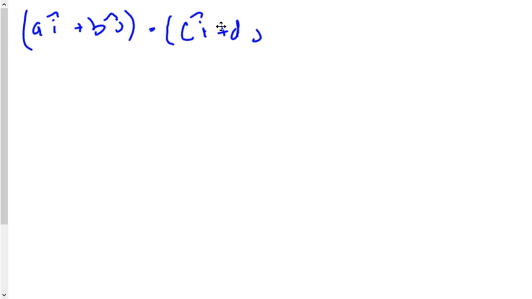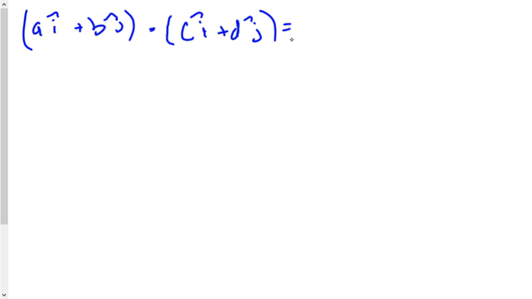Now, if we have two vectors that we wish to dot product, we need to remember how to do that. So if I have A times our unit vector i plus B times j, now A and B are just constants multiplied in front of those, or they could be functions. It doesn't matter. Let me do a dot product with another vector C i plus D j.